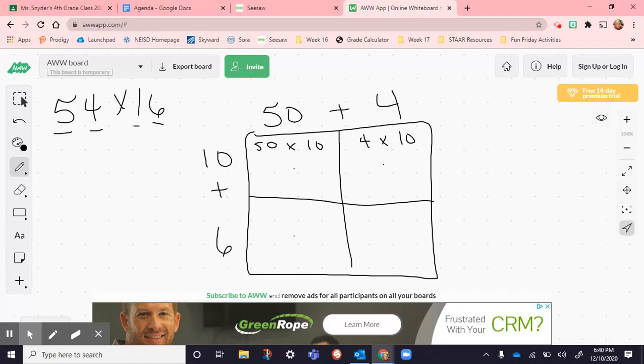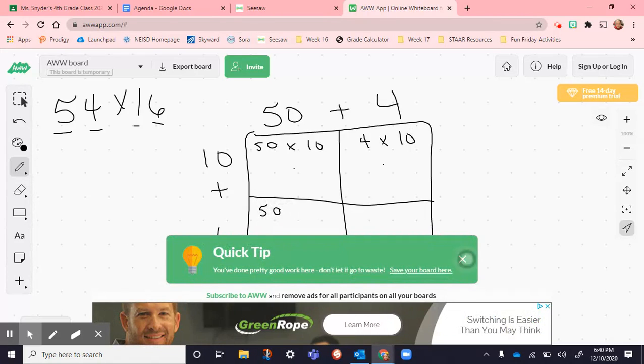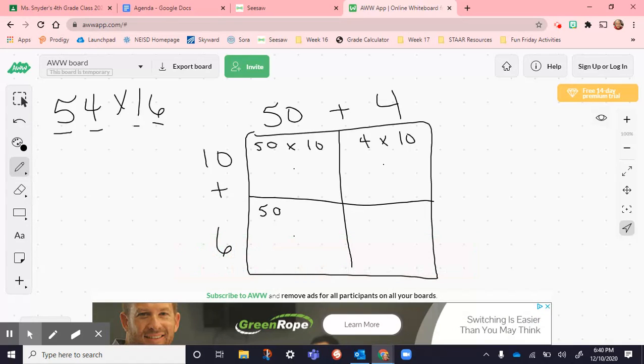When I'm in this box here, I'm going to look up at the 50, and then I'm going to look over at the 6, so 50 times 6. When I'm in this box here, I'm going to look all the way up to the 4 and all the way over to the 6. So we're doing length times width on each of those. So now I'm going to multiply what I've got in each box to find my partial products.